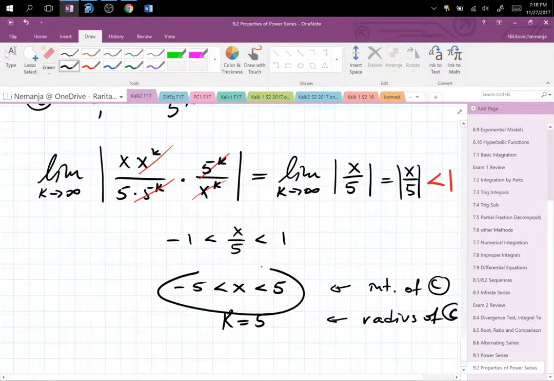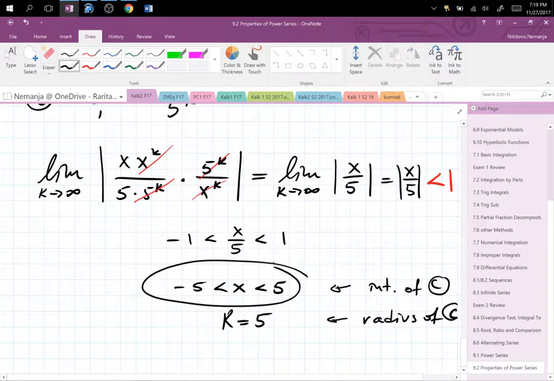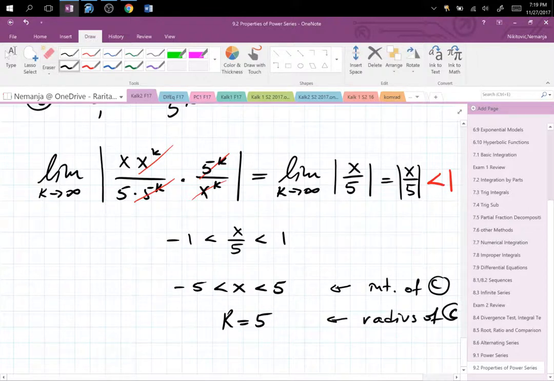So 0 is exactly in the middle of this interval, which means that the power series is centered at the number in the middle of the interval. Or you can go endpoint minus the radius, or endpoint plus the radius, whatever. They all have to give you the same answer. So middle of the interval is 0, 5 minus 5 is 0, negative 5 plus 5 is 0, and you have x minus 0 on top. So they all click, and we know the problem is okay.